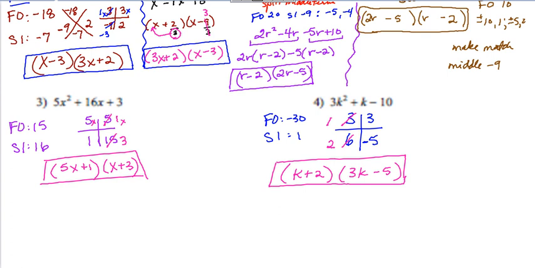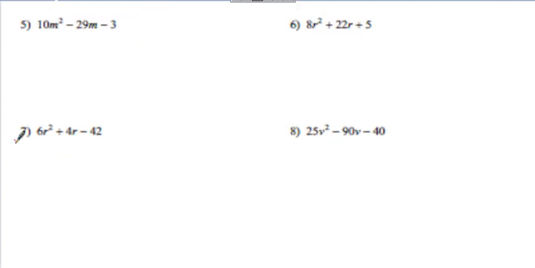Number 5, I need to check to see if there's a greatest common factor. There is not a greatest common factor here. 10, negative 29, and negative 3 don't have one. So I'm trying to look for factors of negative 30, 10 times negative 3, whose sum is negative 29. I can build my t-chart, and I can already populate the top with a positive 10 on each side, because that's always going to go there.